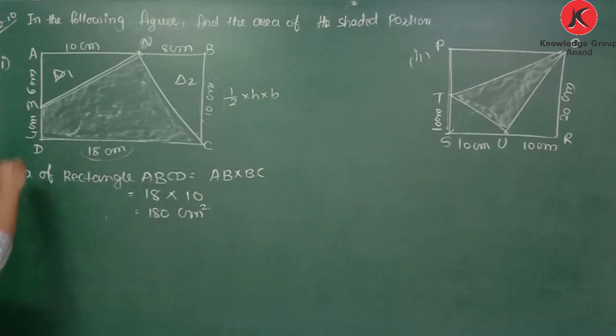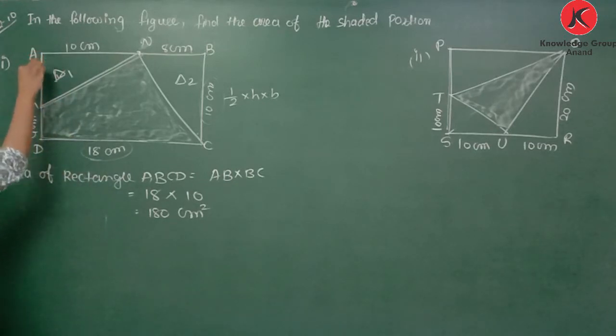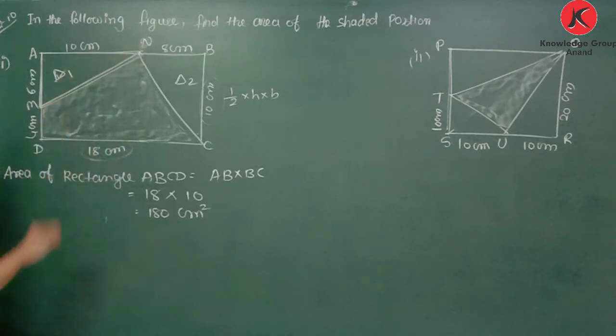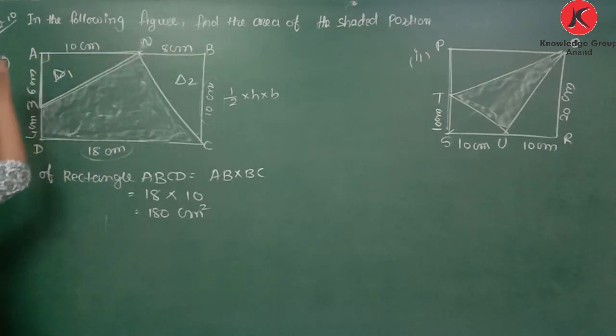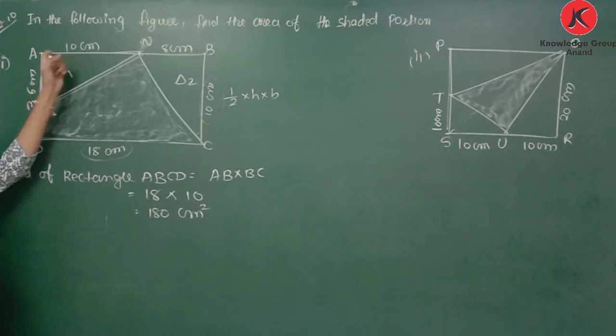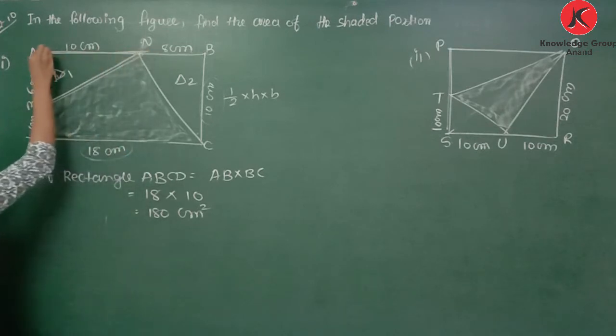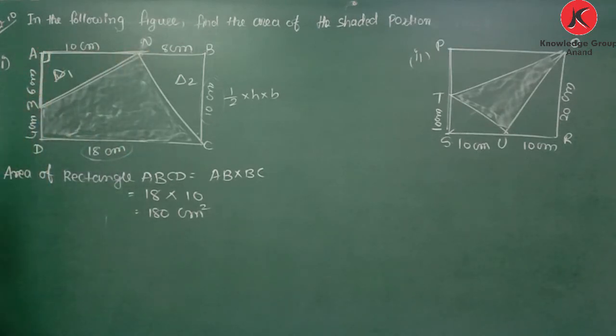So yes, for triangle AND M, height is this one, that is the perpendicular, and base we will consider as 10 centimeter because it is a right angle triangle. We know that in a rectangle this angle is 90 degrees. And in a right angle triangle, its height and base will be the two sides that make the right angle. So here we can consider one side as base and the other as height.